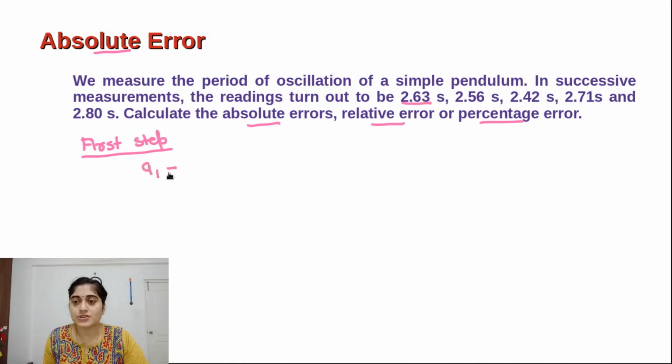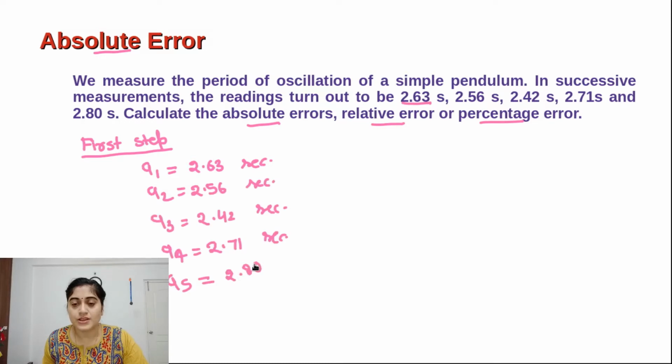Suppose A1 equals 2.63 seconds. Similarly A2 equals 2.80 seconds. Like that I have given names to these measured values. So first we have to calculate the mean of these measured values, so A mean.